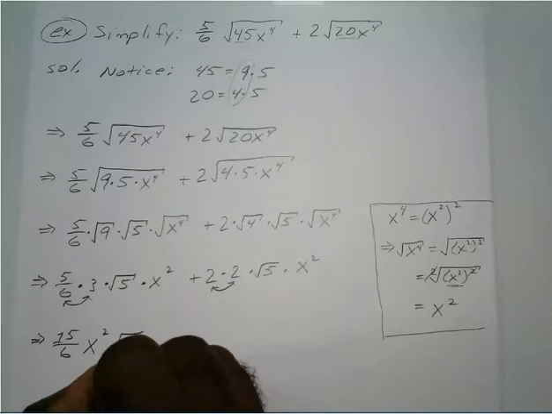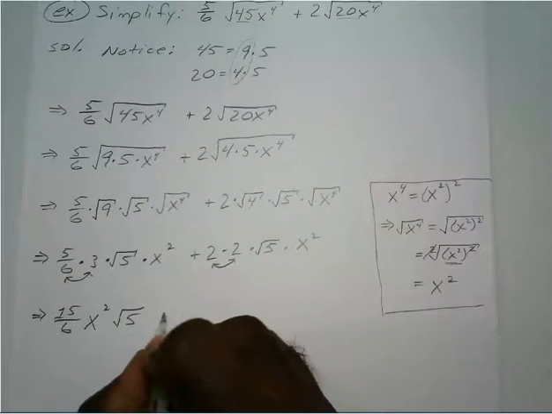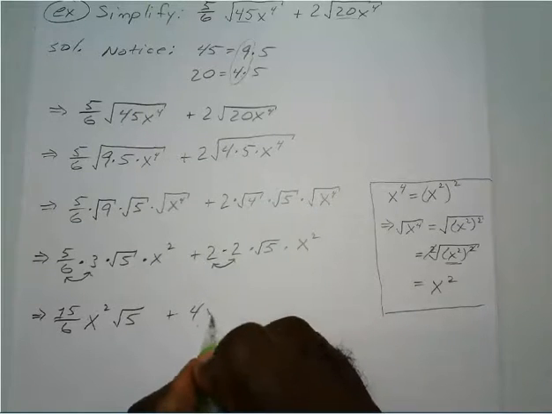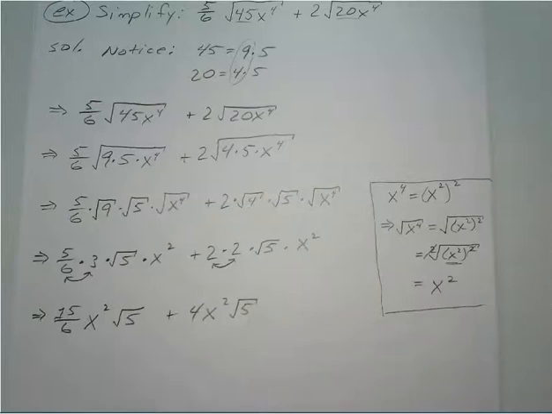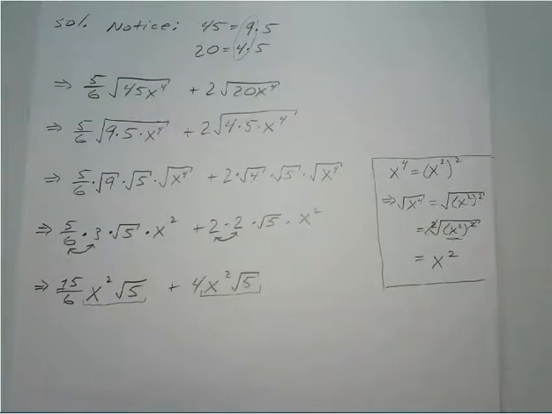And you have square root of 5 plus 2 and 2 is 4, so we have our 4. Again, we're going to move our x squared to the front. And we have our times square root of 5. Okay, so if you notice, you have x squared square root of 5 and x squared square root of 5. Okay, so both our variables and our radicals match. So we can go ahead and just combine these two.